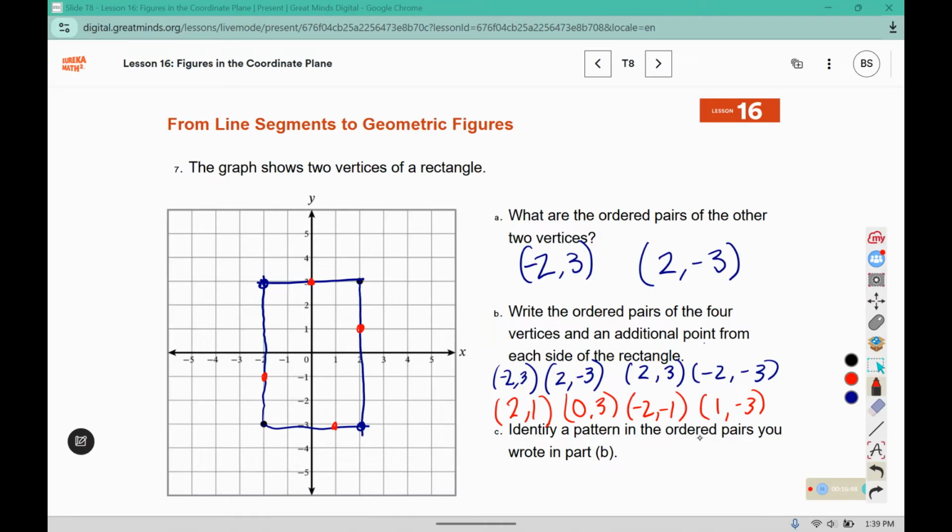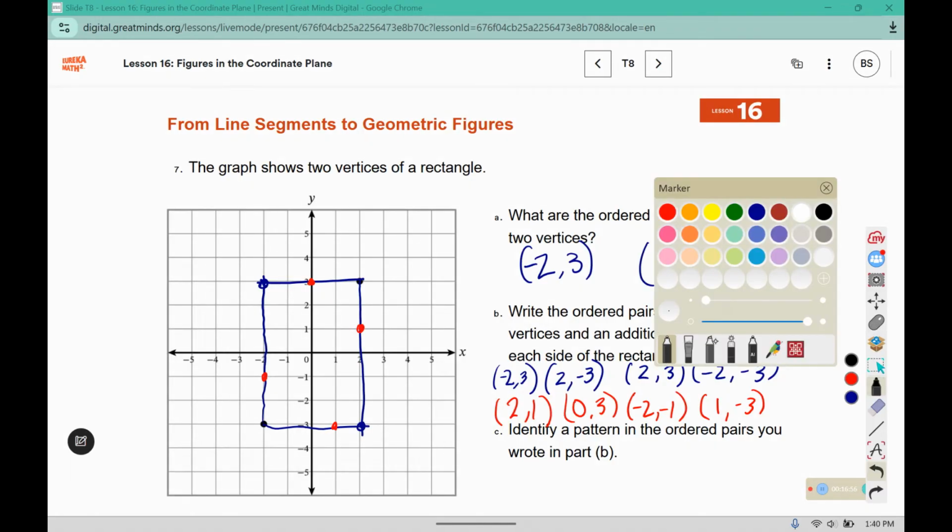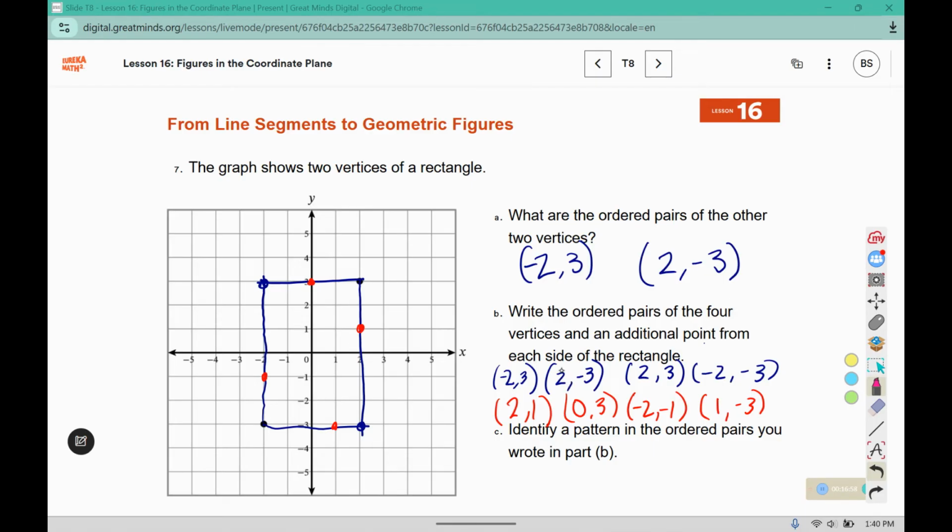Identify a pattern in the ordered pairs you wrote in Part B. Well, there are 3 of them with the x-coordinate that match.